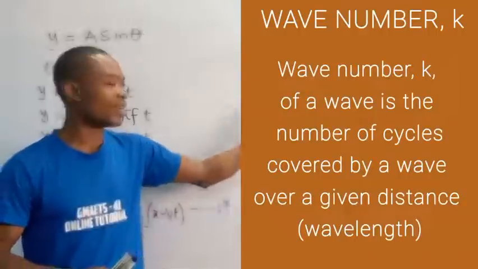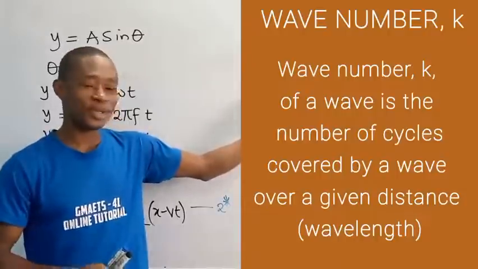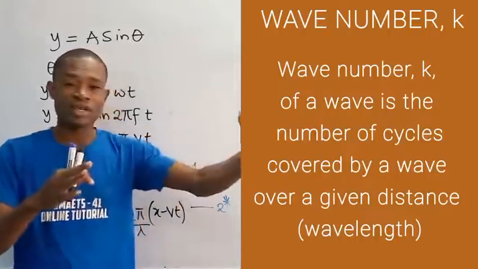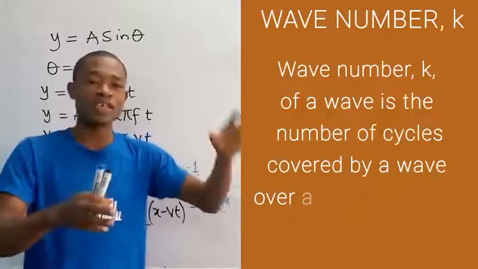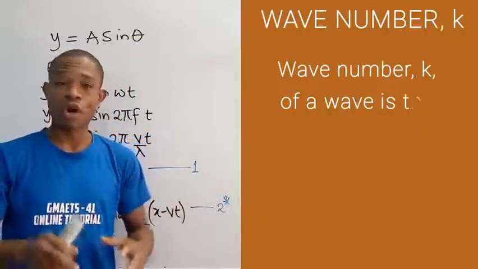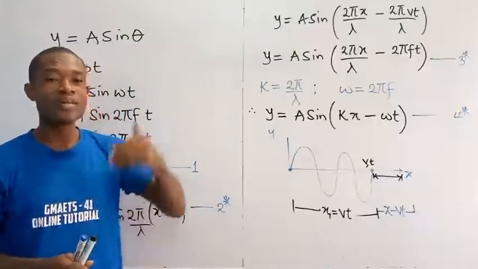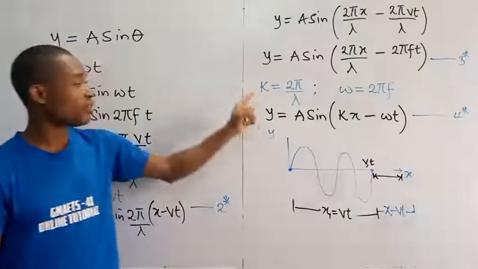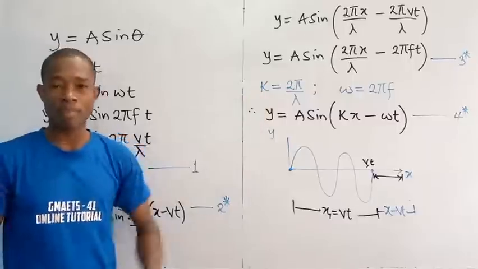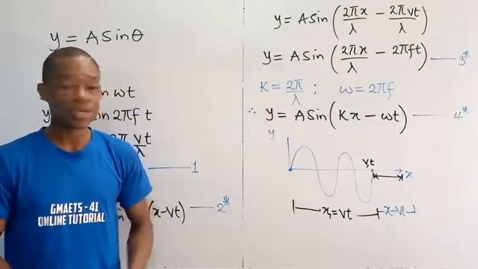You know that our lambda, wavelength, is actually a distance. And from our previous class, I explained wavelength to be the distance between two successive crests or two successive what? Troughs. So the number of cycles covered per wavelength is what gives us what? The wave number. Does that make sense?